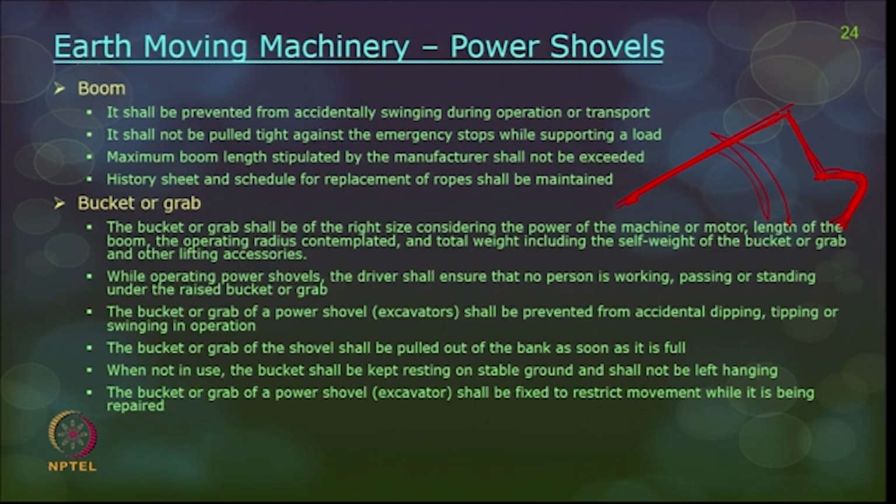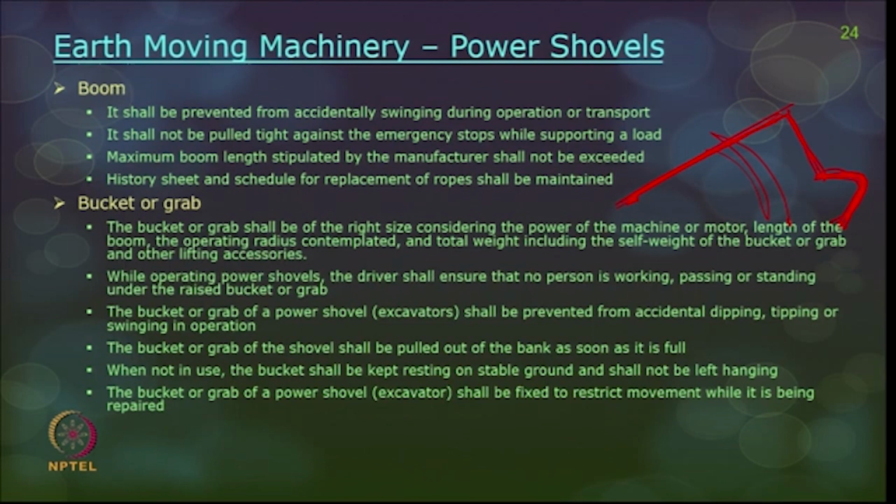Now, what about the bucket or the grab? Primarily, the bucket or the grab load, as planned earlier, should not be overloaded at any point of time, and while operating the power shovel, the driver shall ensure that no person is working, walking or passing by under the raised bucket or grab.